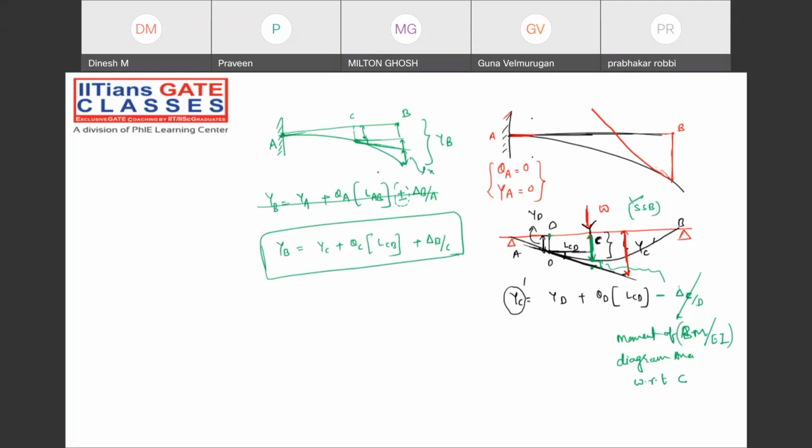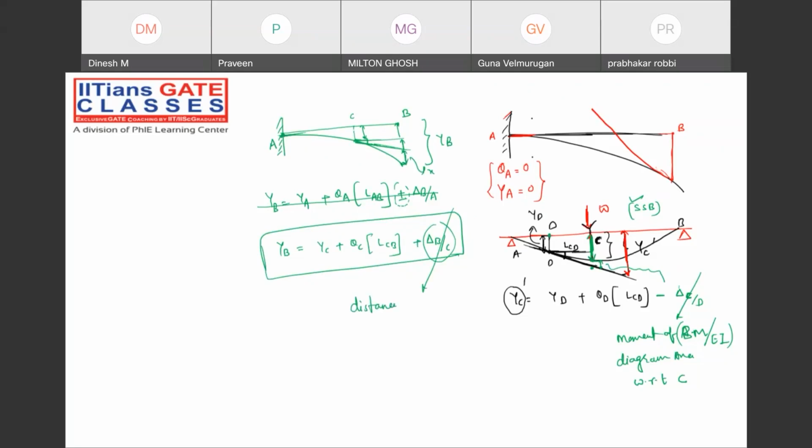The distance between the slope diagram from the other point, this is nothing but what? The distance between the slope or tangent drawn from the other point and the point on the elastic curve where we need to find the deflection. Understood? Let me write.